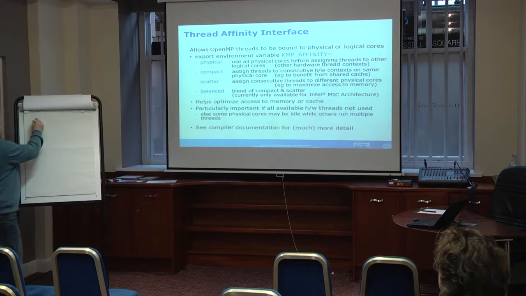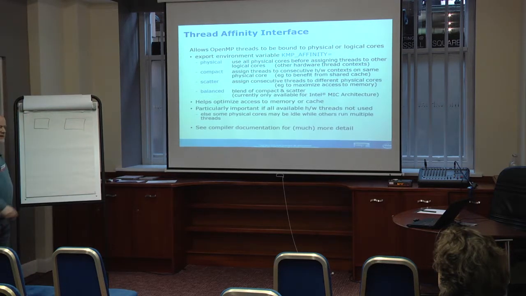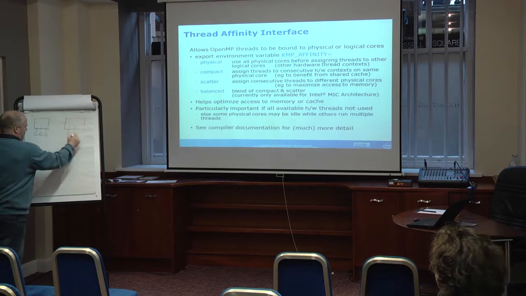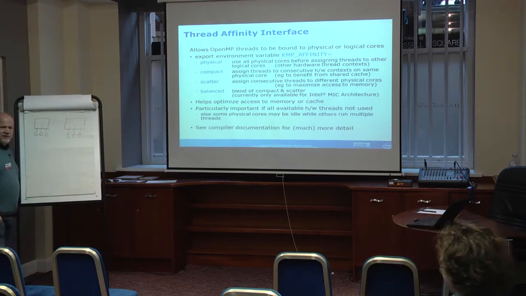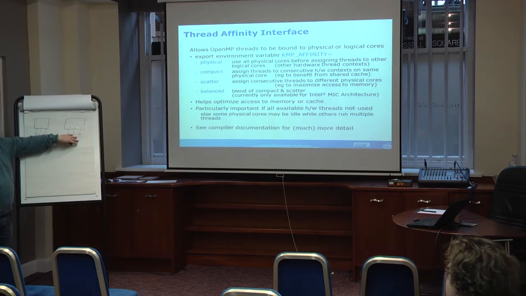So let's say you've got a machine with 2 cores, and each of those cores, well, I'll put 3. I don't know what kind of processor I've got here. So we've got two CPUs, and each of them will support 3 hardware threads.